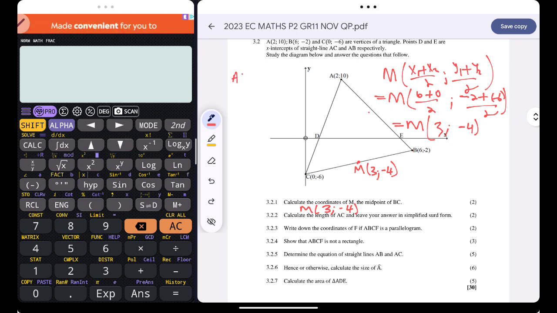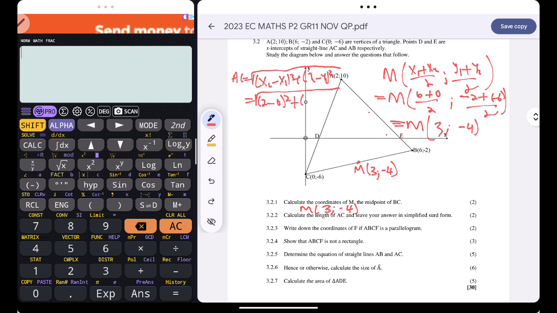I know that AC, I'll get it by using the distance formula: x2 minus x1 all squared, plus y2 minus y1 all squared. I'll simply take the x value at A, which is 2, minus the x value at C, that's 0, squared.